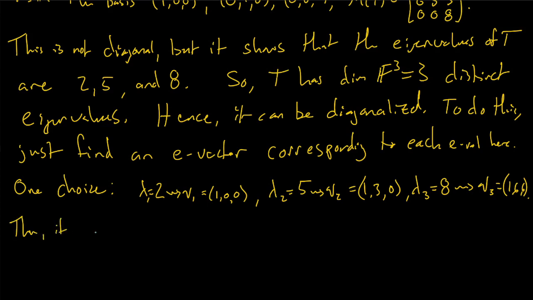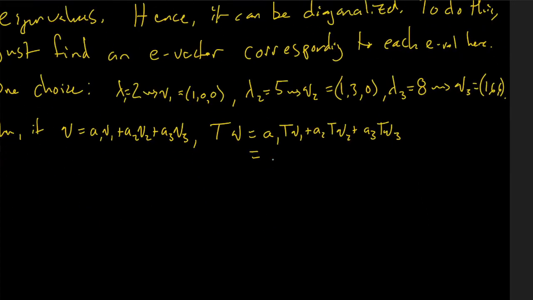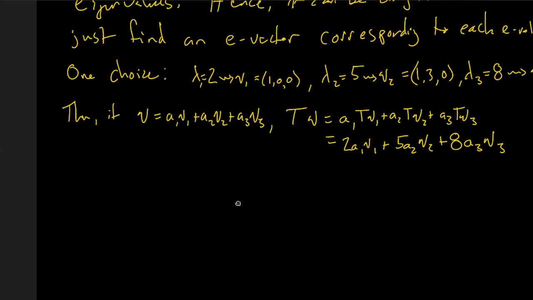Then, if V is equal to A1 V1 plus A2 V2 plus A3 V3, T of V is equal to A1 T V1 plus A2 T of V2 plus A3 T of V3, which we know what T does to each one of these guys. It just multiplies it by the eigenvalue, right? Okay, cool. So I'll get 2 A1 V1 plus 5 A2 V2 plus 8 A3 V3. Oh, okay.